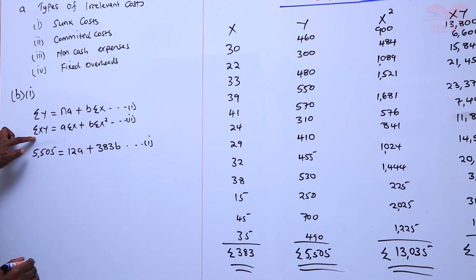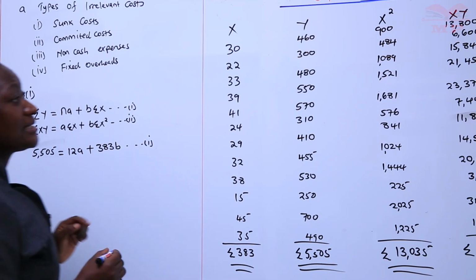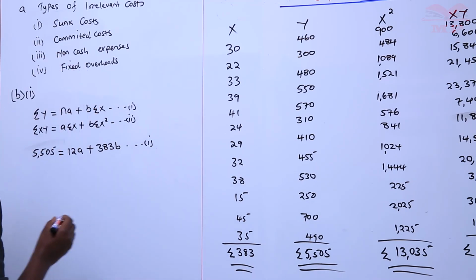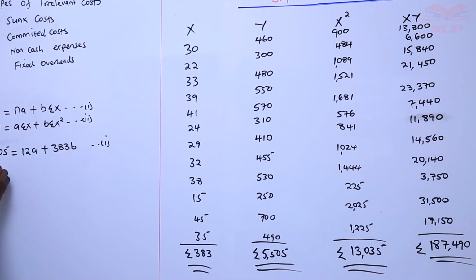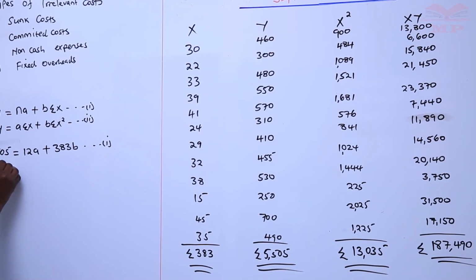And then we have sum of x. In the second line of the formula, sum of xy is 187,490.